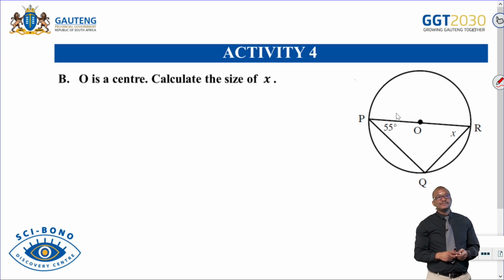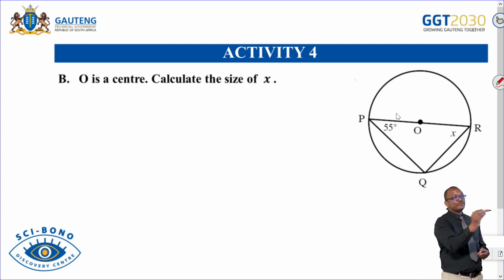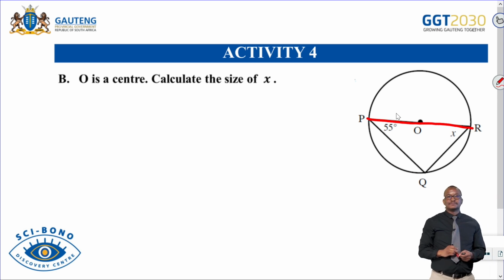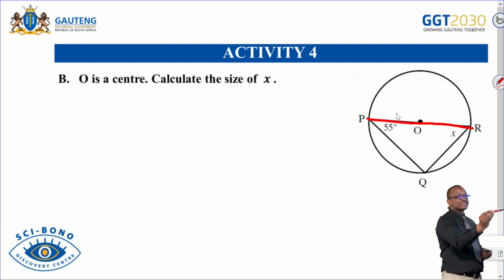O is the center. Calculate the size of x. Now, PR is the diameter. And if PR is a diameter, the first thing that we need to identify there is this angle Q, which is 90 degrees.